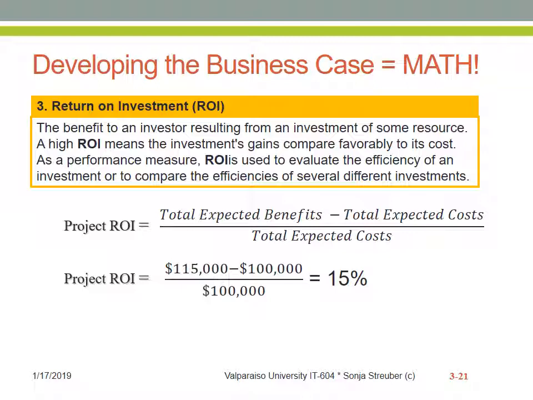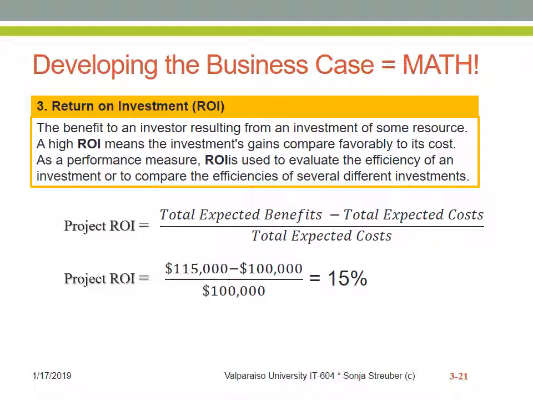The project return of investment is the difference between the total expected benefits from the result or the service that a project is expected to produce, minus the total expected costs, that is the upfront investment into the project and all the people and the paychecks and the resources that make the project happen, divided by these total expected costs.